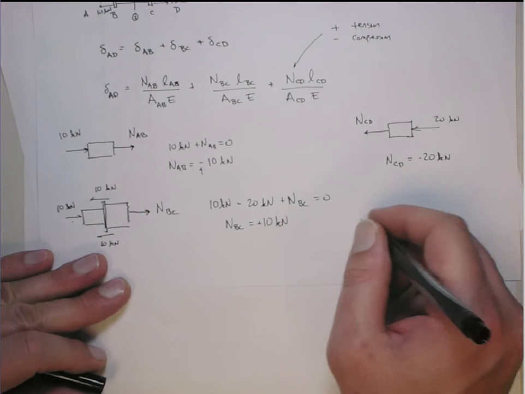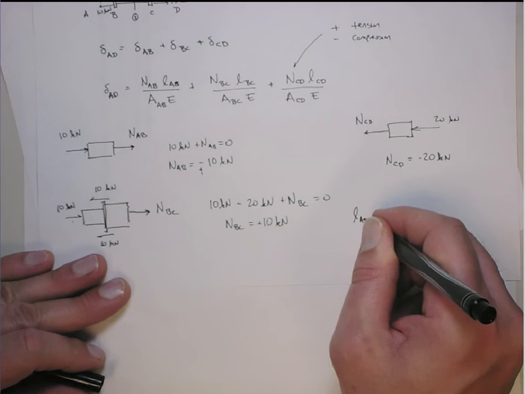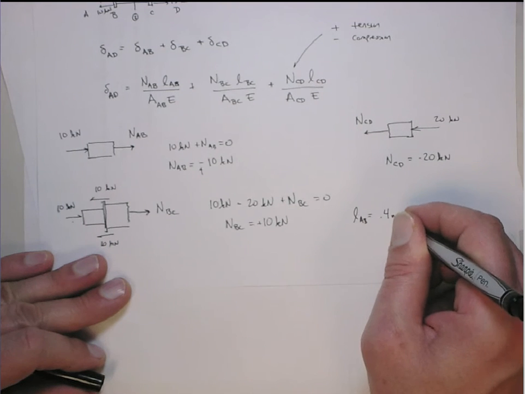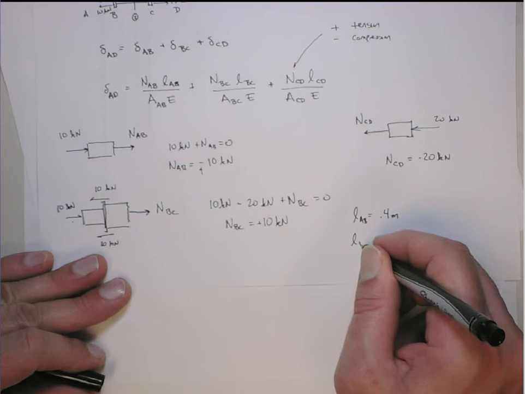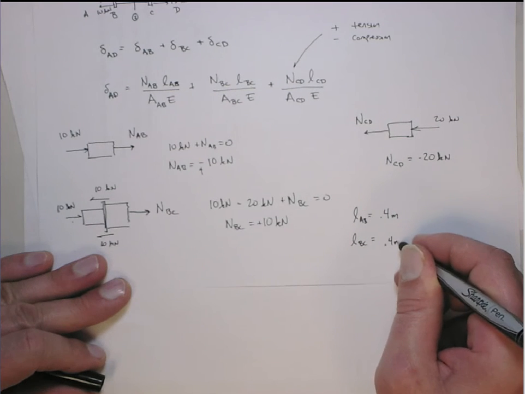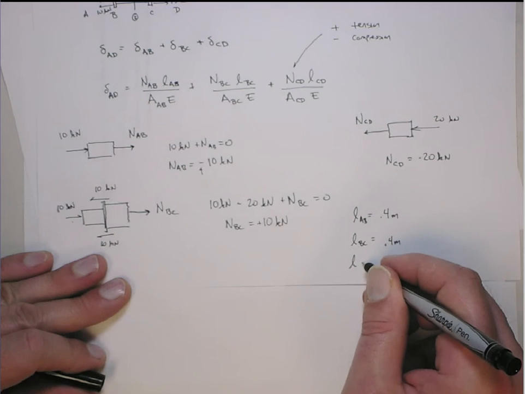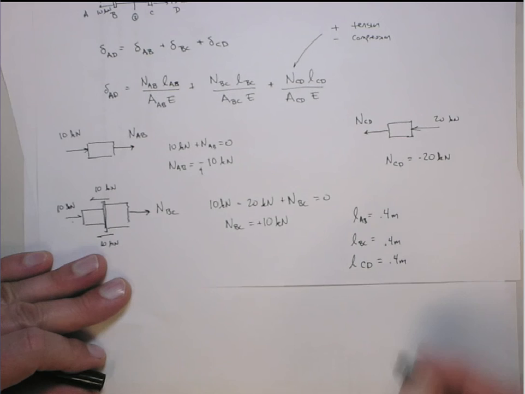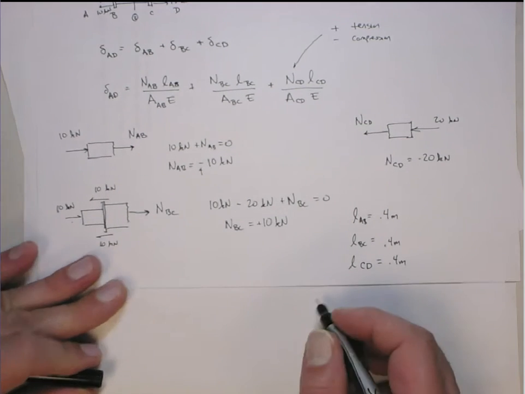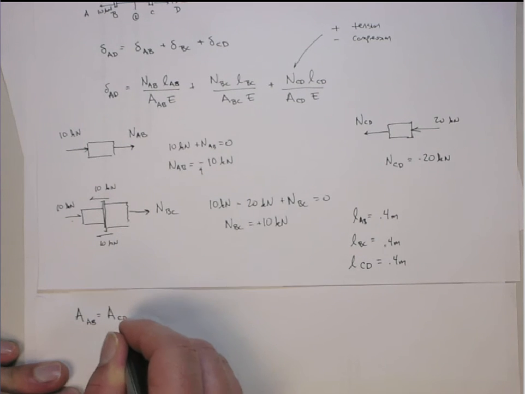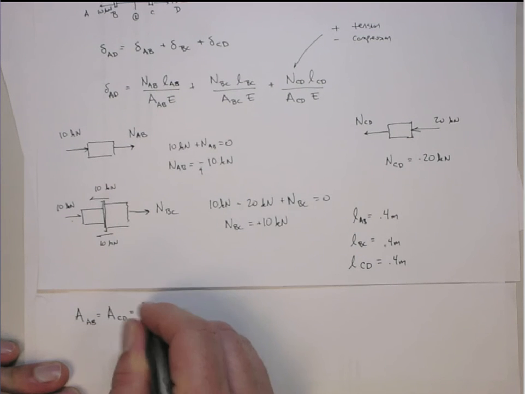Well, we know that LAB is equal to 0.4 meters, and we know that LBC is equal to 0.4 meters, and we know that LCD is equal to 0.4 meters. They're all the same. The cross-sectional area in section AB equals the cross-sectional area in CD, and that is just going to be pi on 4.